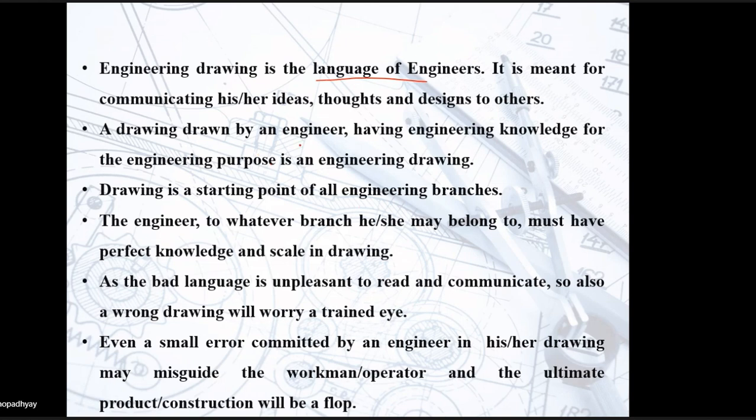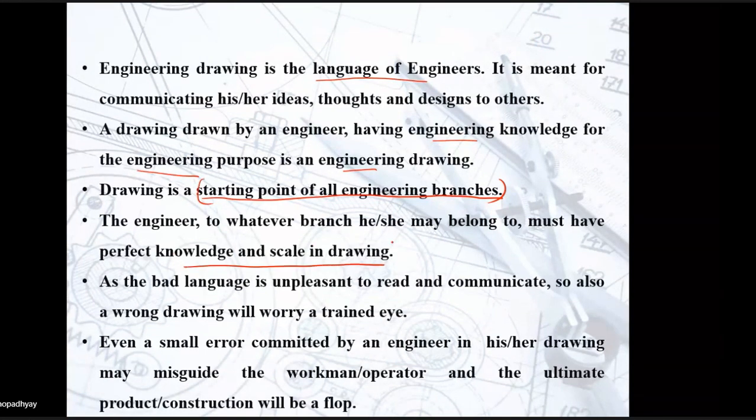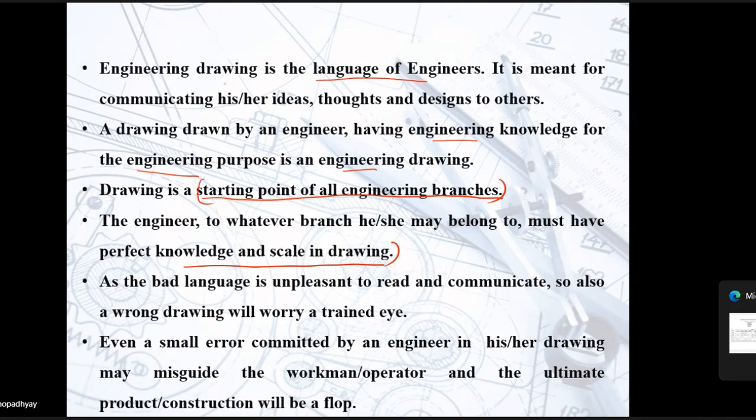So a drawing by an engineer having engineering knowledge for engineering purpose is engineering drawing, and it is the starting point of all engineering branches, right? So each and every engineering branch should have knowledge about engineering drawing. So to whatever branch you may belong, you should be having perfect knowledge about the engineering drawing as well as scale of the drawing.